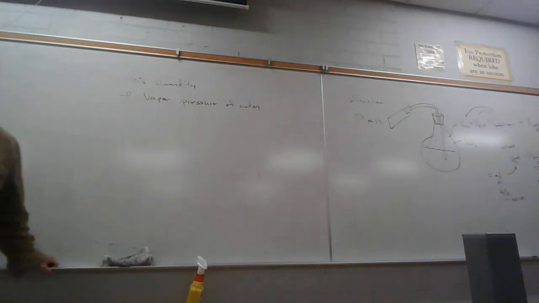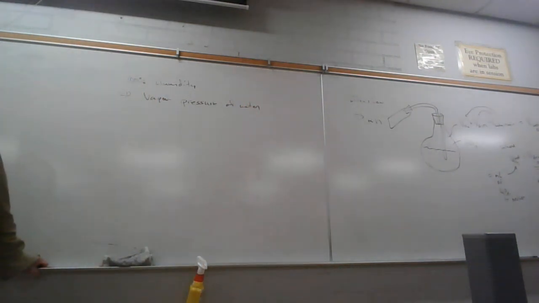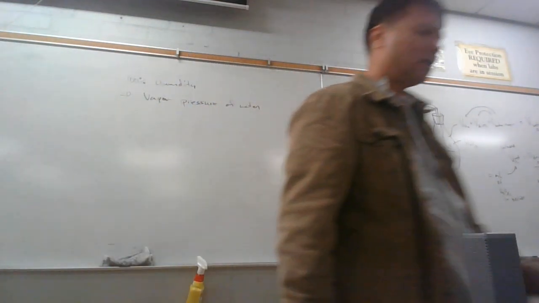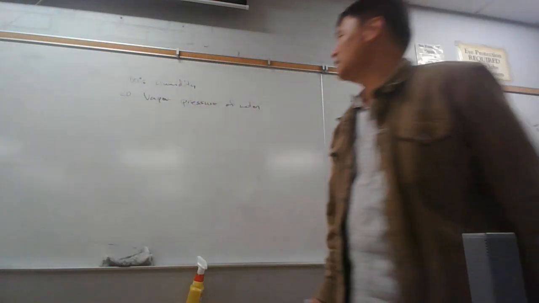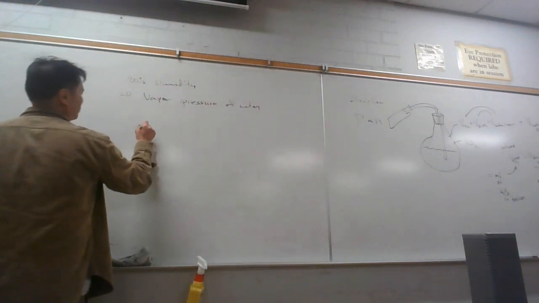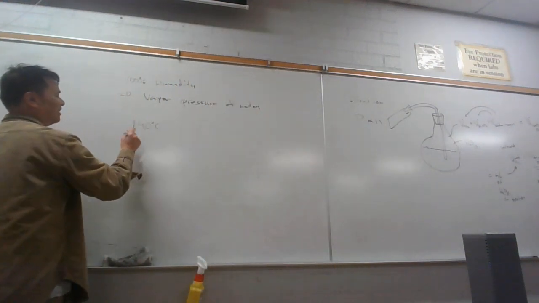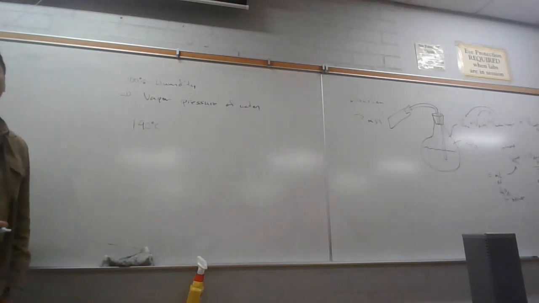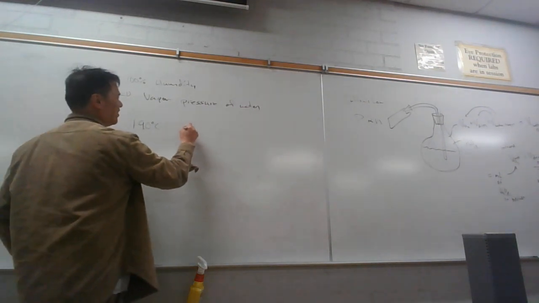You have a vapor pressure of water table in your lab, correct? Yes. So let's take a look. What do you think the temperature is today? 19 degrees C. Tell me what the vapor pressure at 19.0 degrees C is. 16.5 torr.